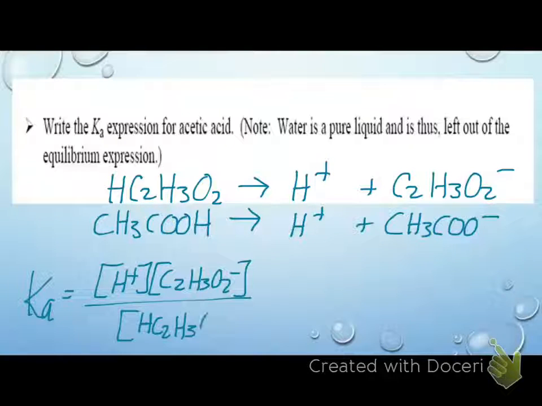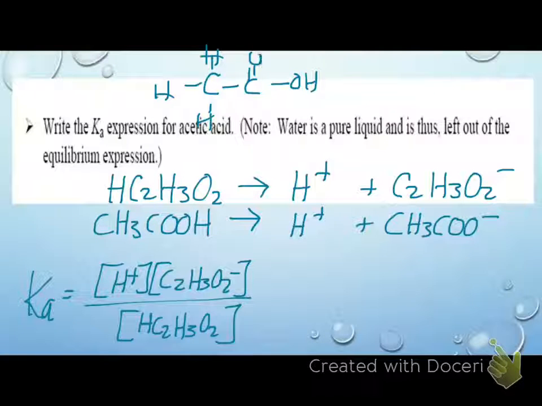If I were to draw that structure out, it looks like this, and then C, and then double-bonded O, OH. Okay, so that's called a carboxylic acid, and it is something you should recognize in the structure. When you see the -oic part on the end of a name, that's indicating that it's an organic acid.